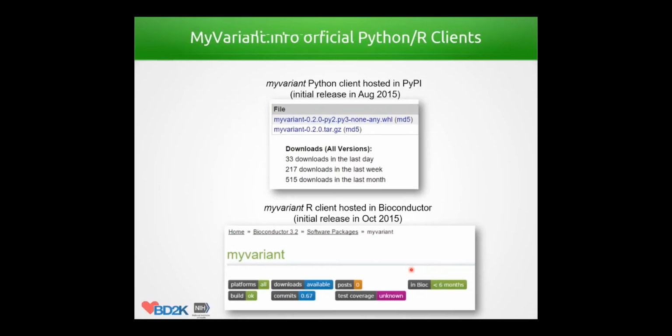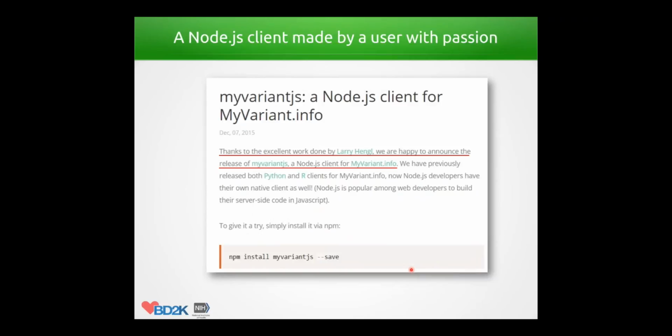Another thing that makes us really excited and feel more rewarded is the nice response from our users. For example, one user, Larry Hengel, was very passionate about creating a Node.js client for MyVariant.info. It's called MyVariant.js, which is great, because Node.js is now a very popular platform to build web applications.